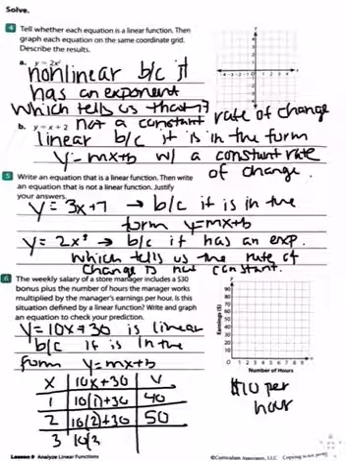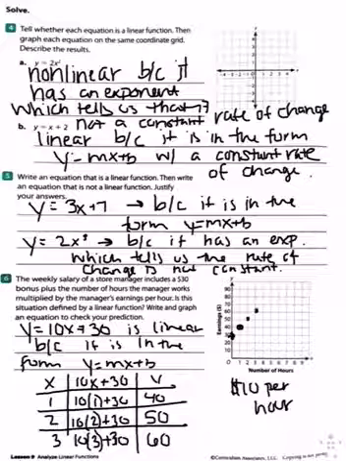And if he worked 3 hours, we would do 10 times 3, which is 30, plus 30, which is 60. We can then graph the equation, and we'd start at 0 and 30, then 1 and 40, 2 and 50, 3 and 60. As you can tell, this is making a linear function.